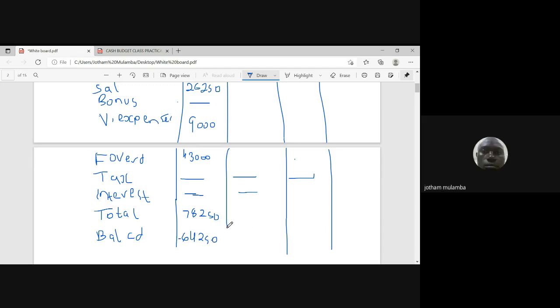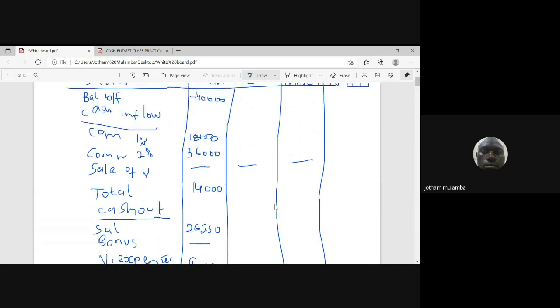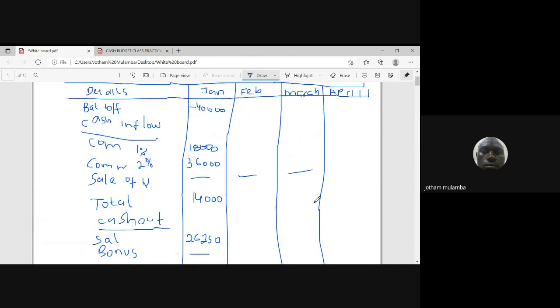Now our closing balance for the first month becomes our opening balance for the second month. That means when you go to February, we start off with a negative of 64,250.